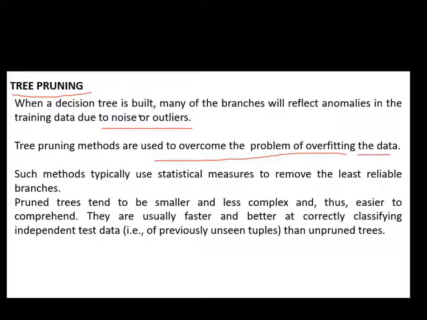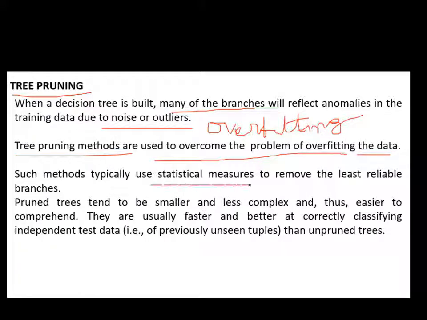This anomaly is called overfitting. To avoid this overfitting, tree pruning methods are used. Such methods typically use statistical measures to remove the least reliable branches.